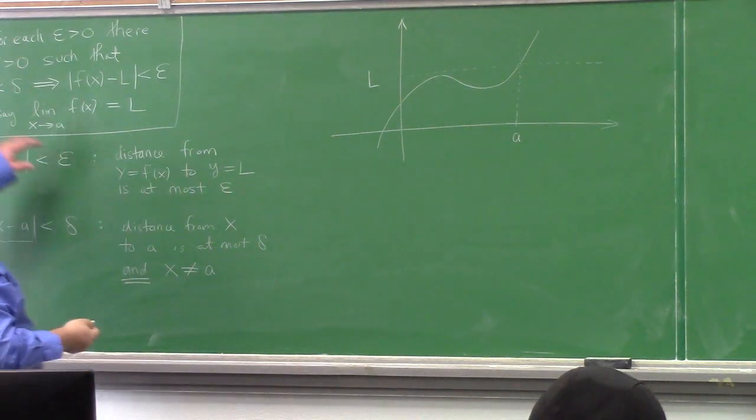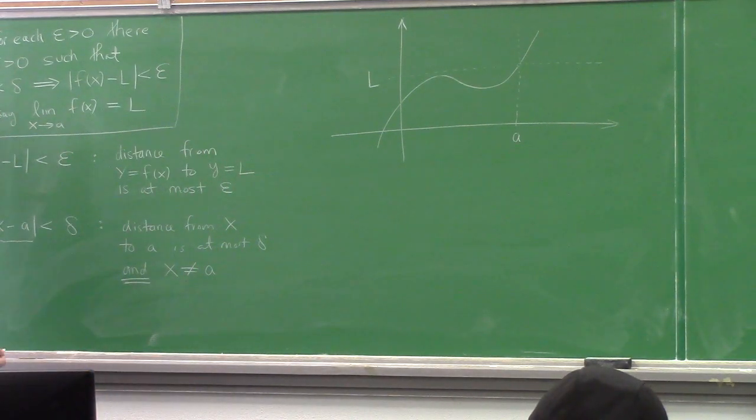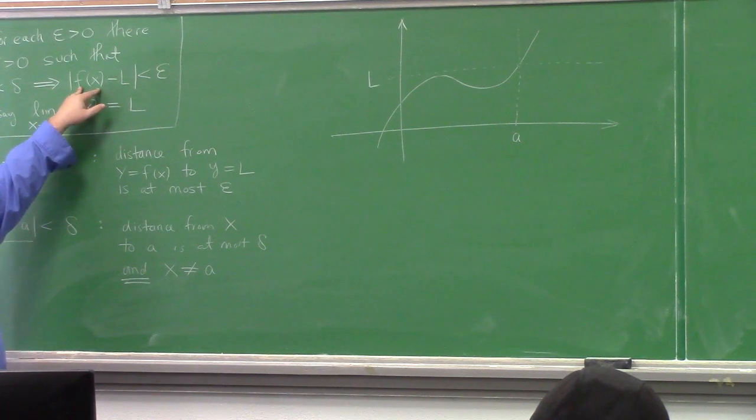And what does this definition say? It says for each epsilon greater than 0, there exists a delta such that when x is within delta units of a, f(x) is within epsilon units of L. So this has to happen for each epsilon greater than 0. That's the starting point.